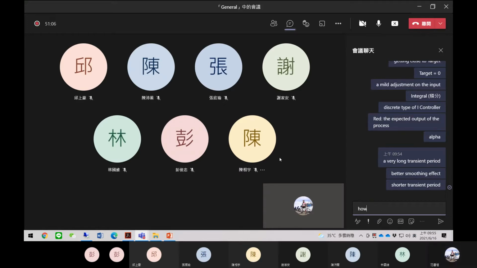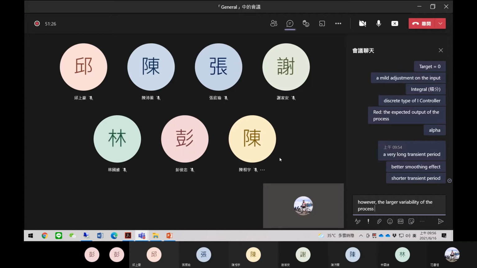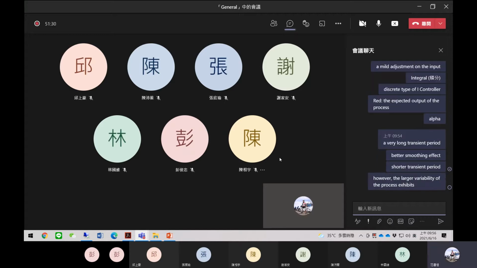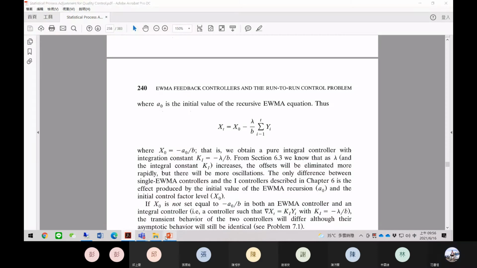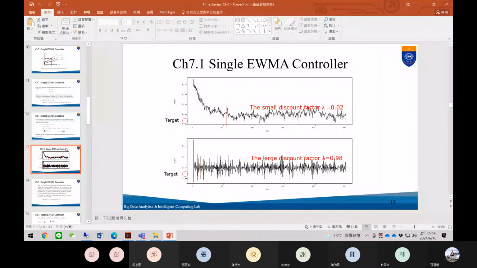However, it exhibits larger variation. Get it? Yeah.